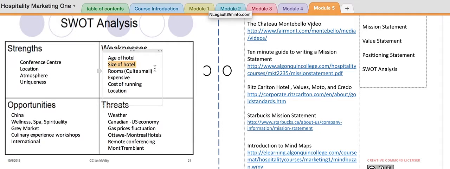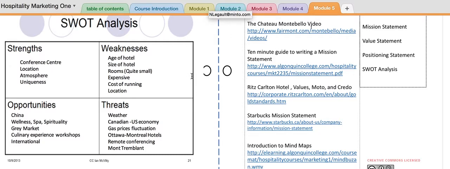It's only 211 rooms, and it's limited in its ability to attract larger conferences. They've got the conference center, which is great, but they don't have the number of rooms, which will help complement that. So a new wing would be an obvious strategy there, and an objective. The objective would be to monetize the property.